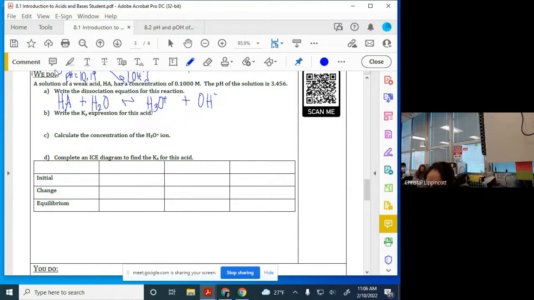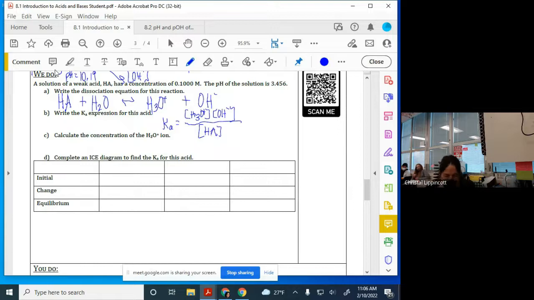So our Ka expression, when this is an acid, is going to be our products over our reactants, but I'm not going to include water. Why? It's a pure liquid.